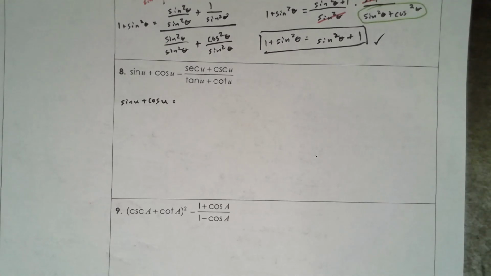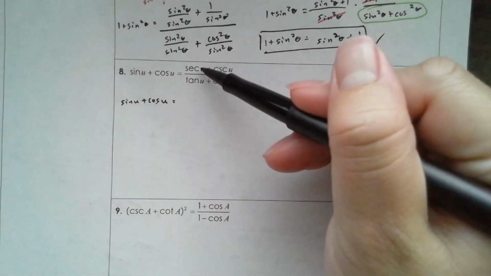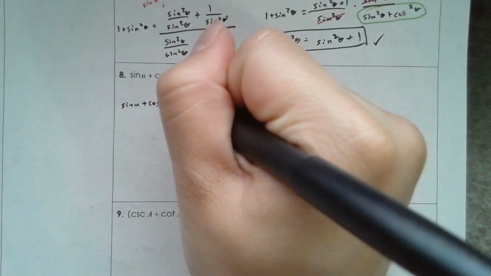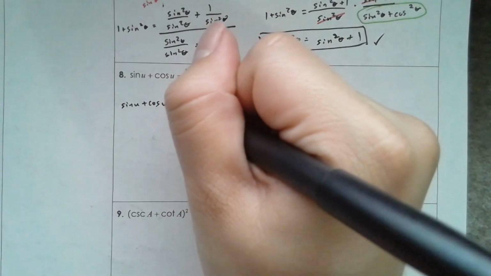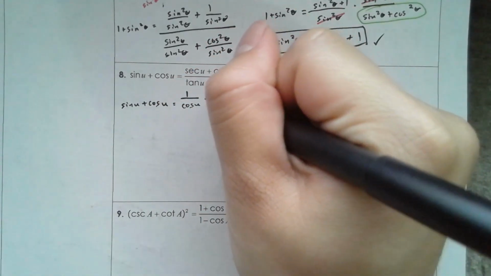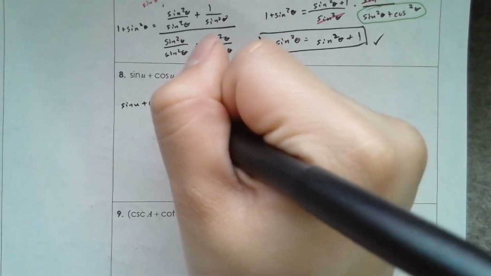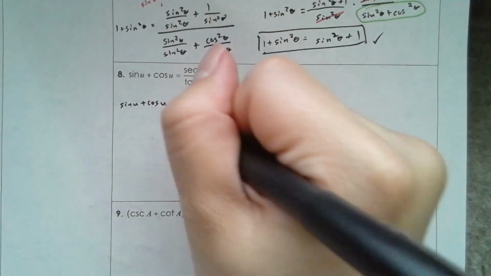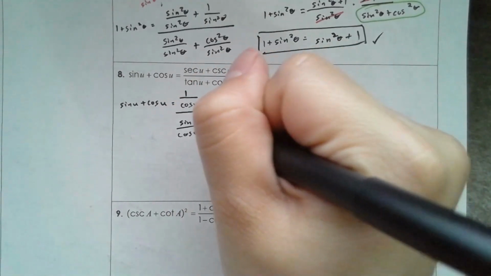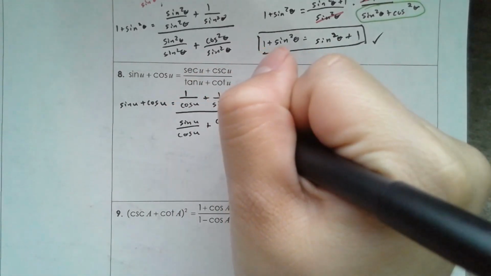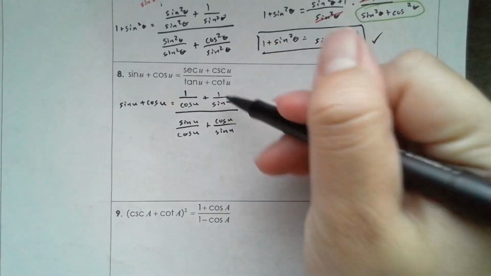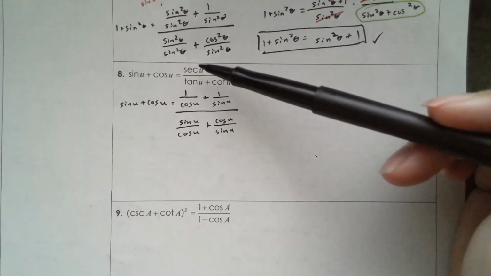Yeah, no, this is right. Secant u plus cosecant u. Okay, this will be 1 over cosine u plus cosecant u. That'll be 1 over sine u all over tangent u. That's sine u over cosine u plus cosine u over sine u, because that's cotangent u. Okay, so I replaced all 4 here with either a reciprocal identity or a quotient identity.